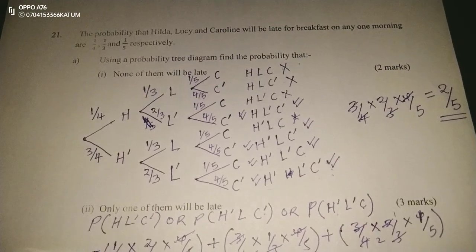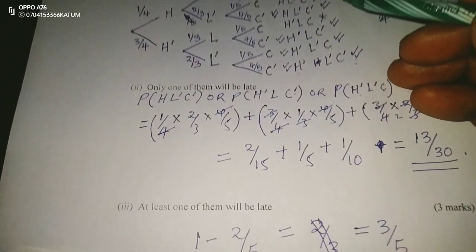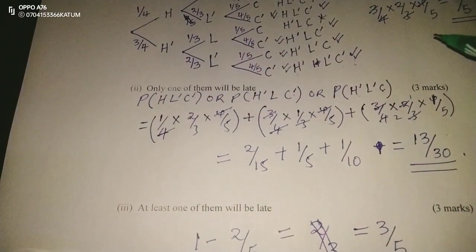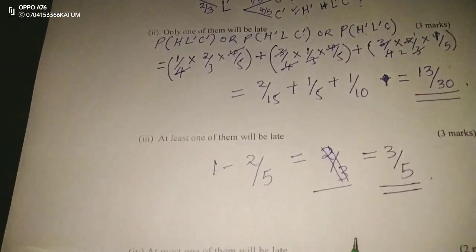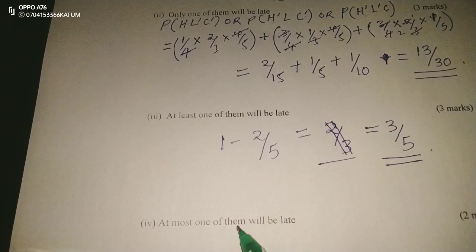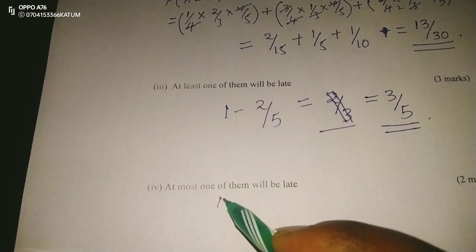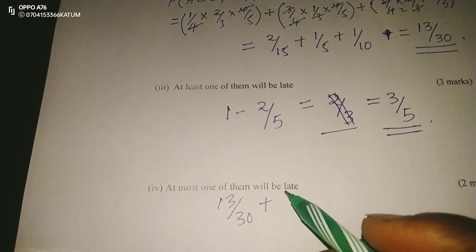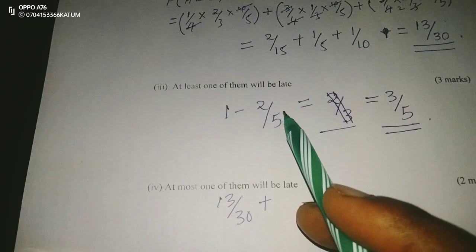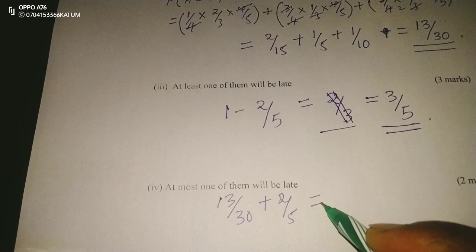So it is the probability that we calculated about one of them being late plus this other probability of none of them being late. So the probability of only one of them late is 13 out of 30, and the probability of none being late is 2 out of 5.